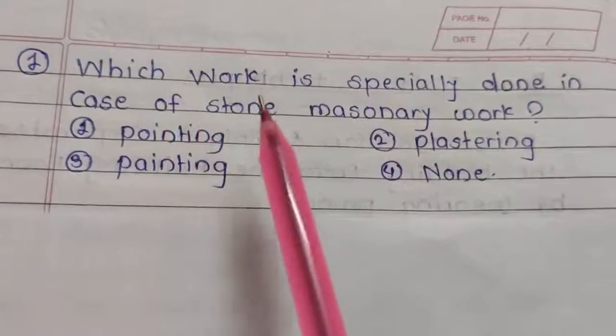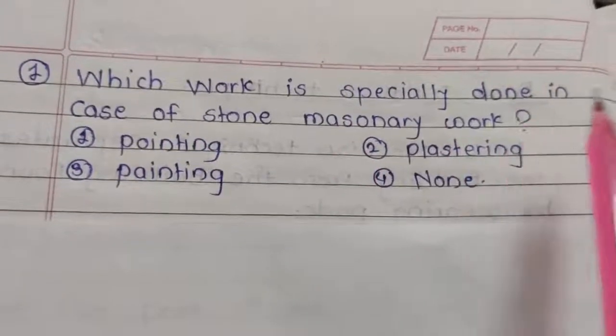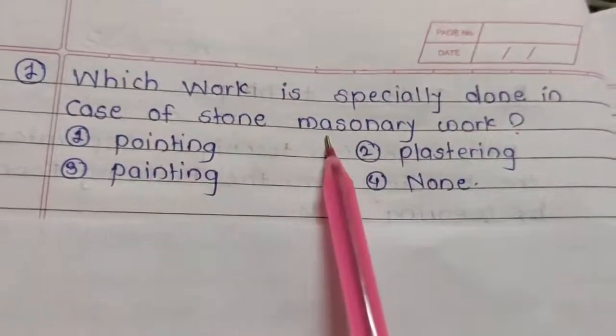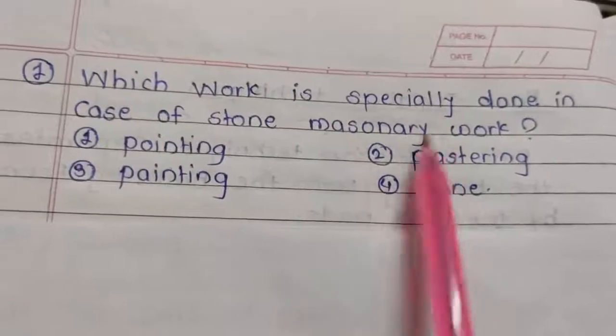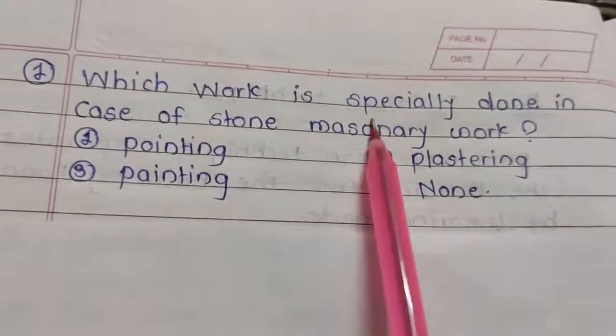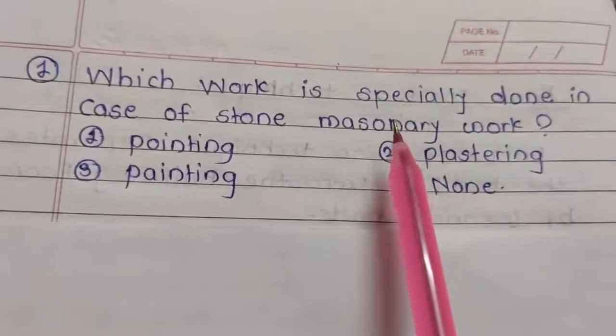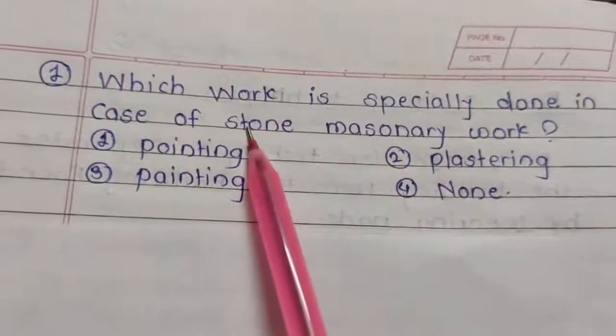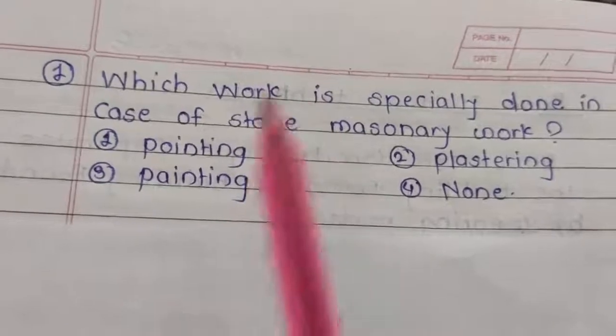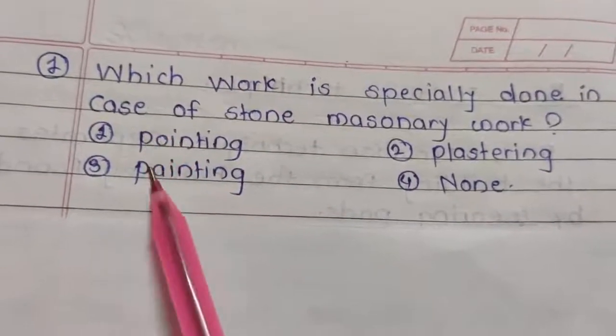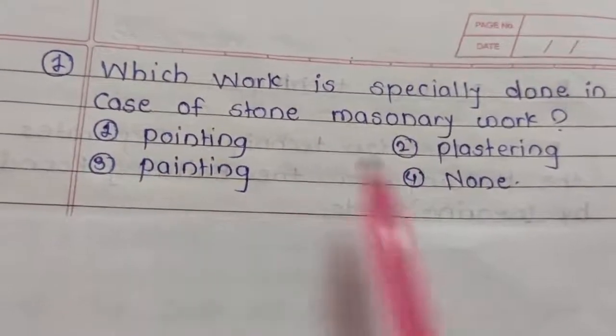First, which work is specially done in case of a stone masonry or brick masonry work? The options are pointing, plastering, painting, none.